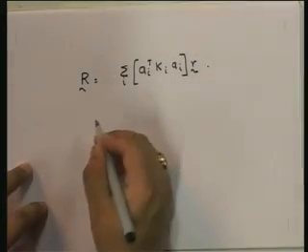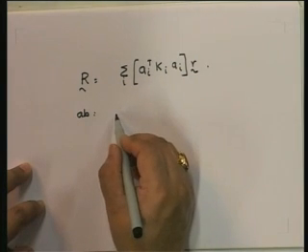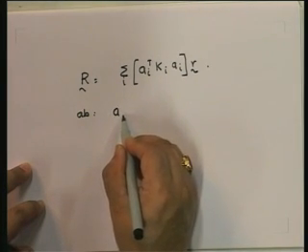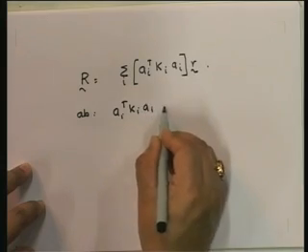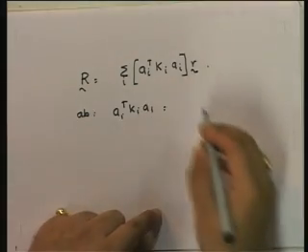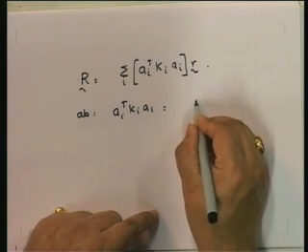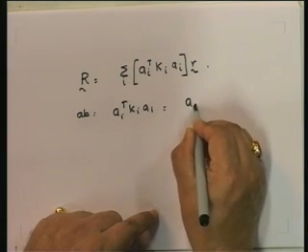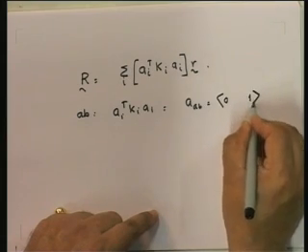So I need to find out for AB what A_i transpose K_i A_i is. Now if we look at it, A_i for AB is equal to 0, 1.